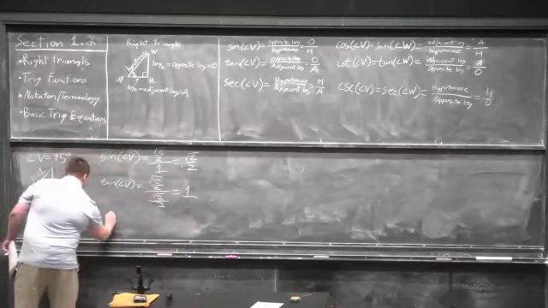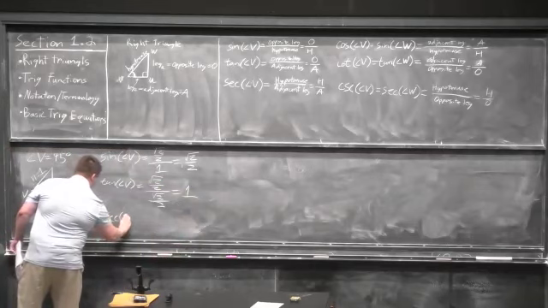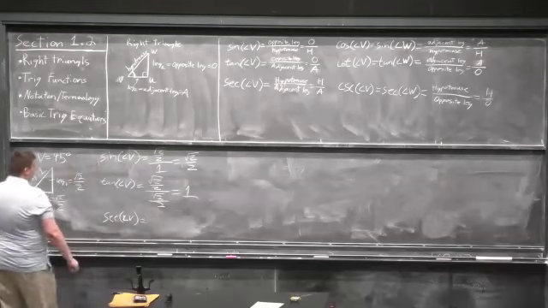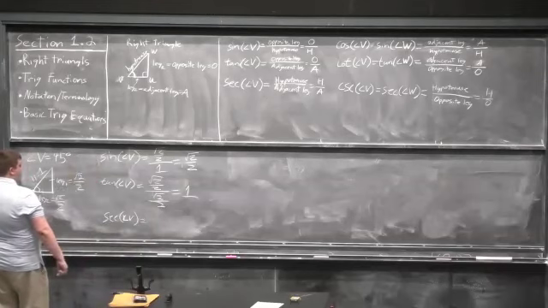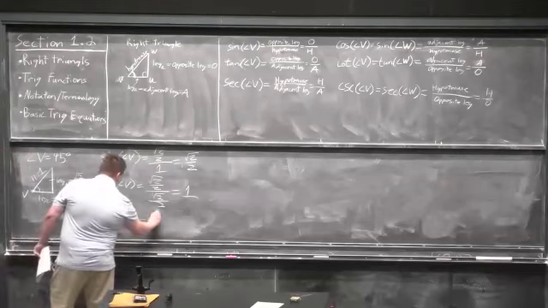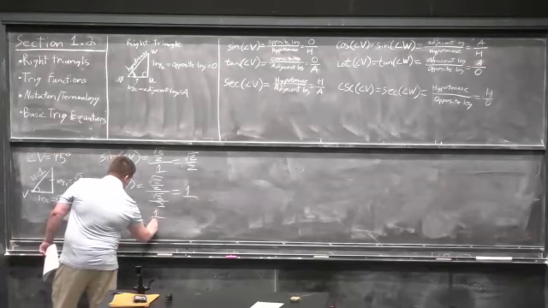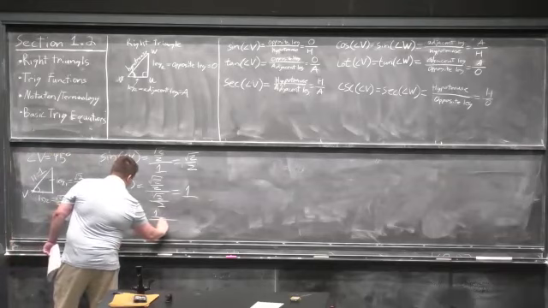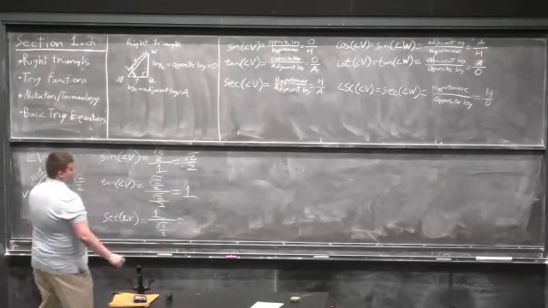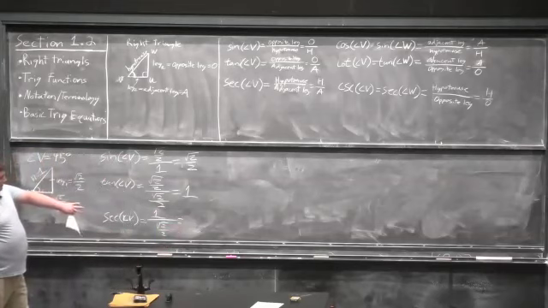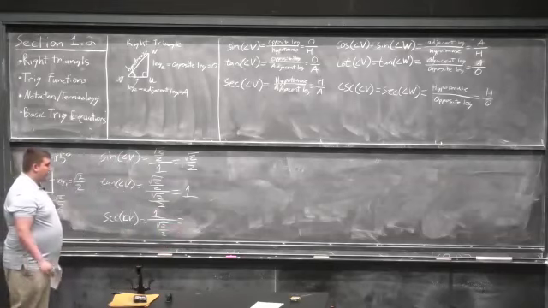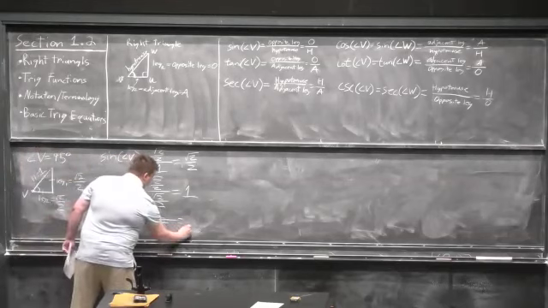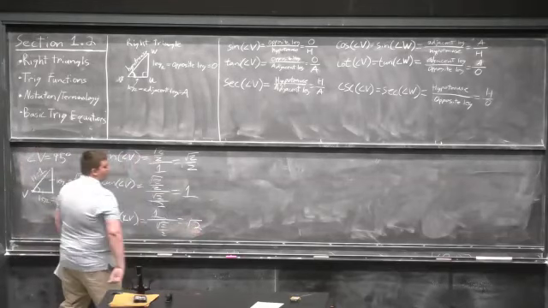And our secant of 45 degrees is equal to our hypotenuse divided by square root 2 over 2, which if we take the reciprocal and rationalize the denominator, we get square root 2.